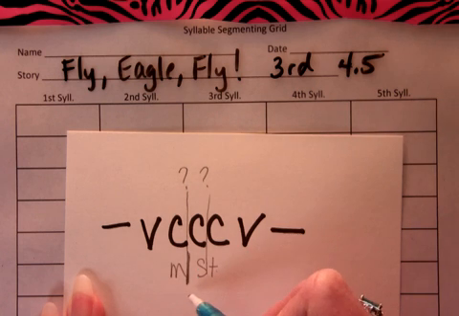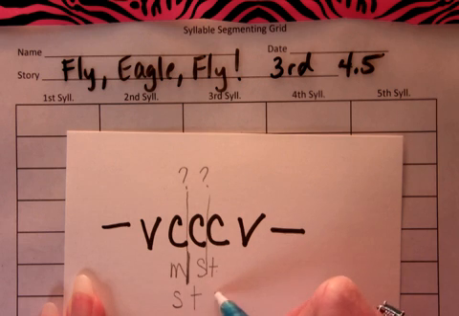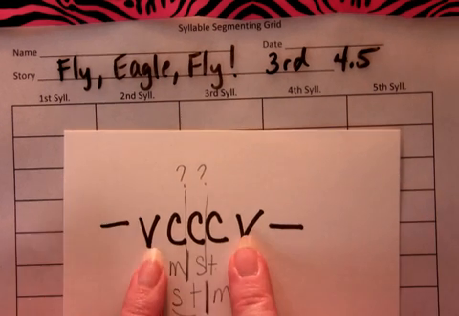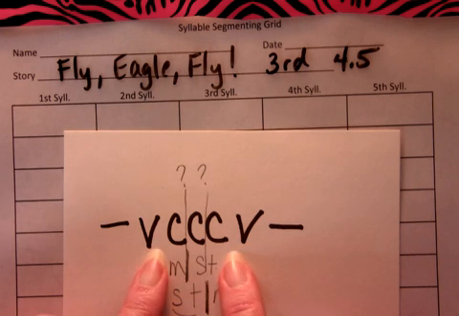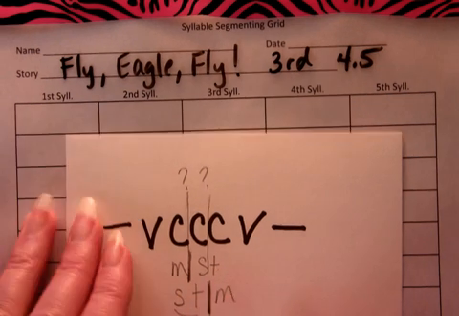If it is the ST here and an M, you'd put the ST together and break it here. So you have to look not only at how it sounds when you say the different syllables, but also, if you're not sure where to break it, find your vowels, look between, see what usually stays together, keep them together, and then say it and see if that makes sense.